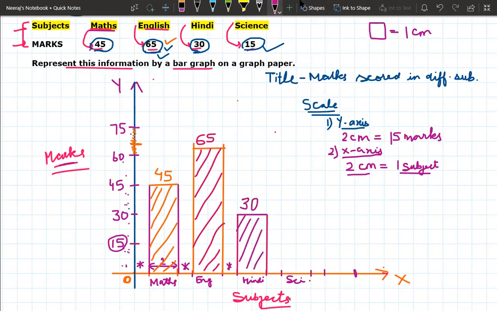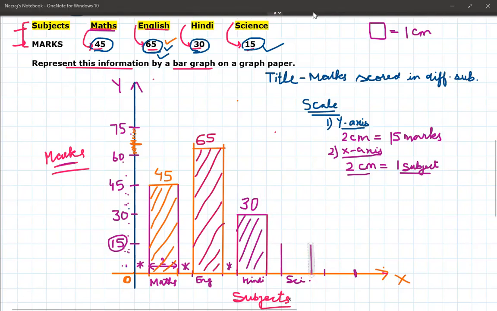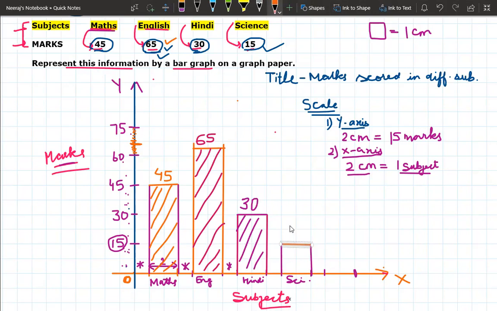At the last, you have to represent 15. So 15 is coming over here. So we have to make the length of the rectangle till here, the number 15. So this would be 15. You write 15 at the top, right? You can shade with a different color.